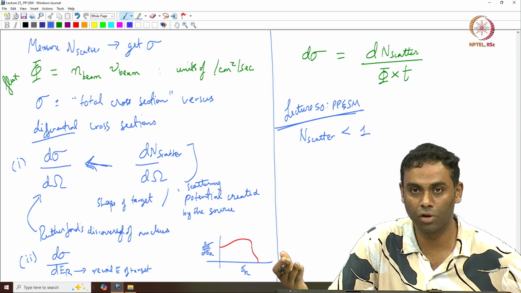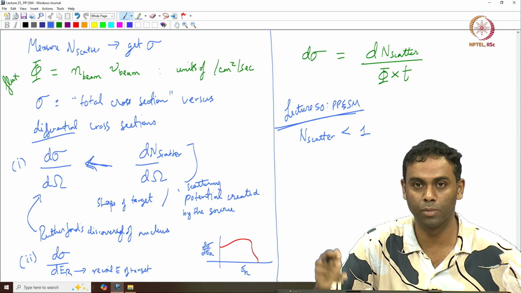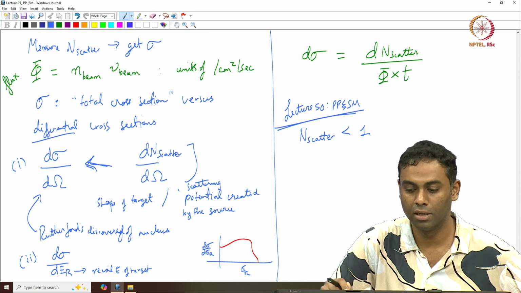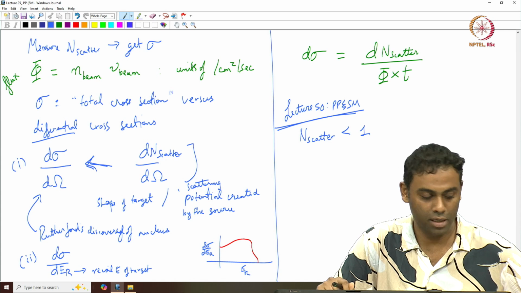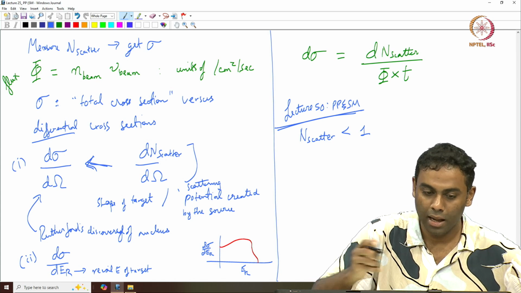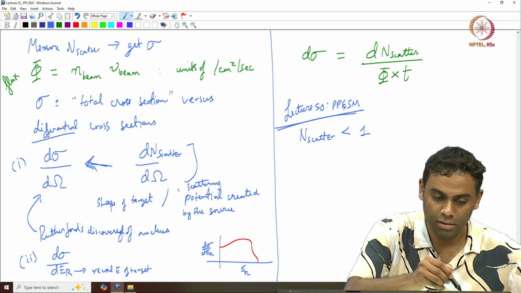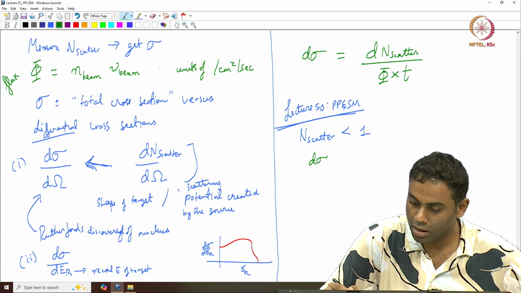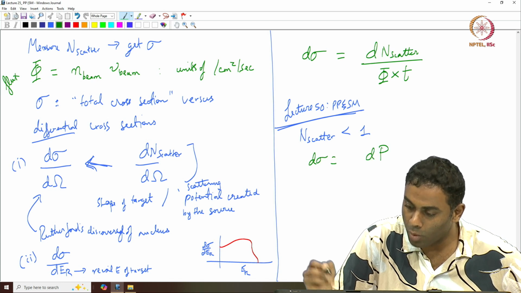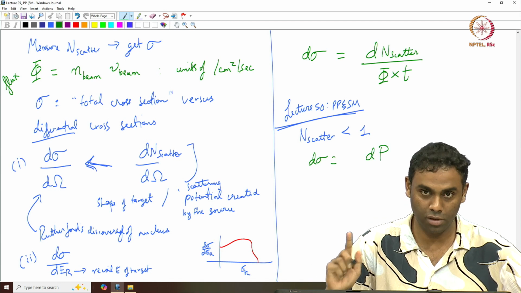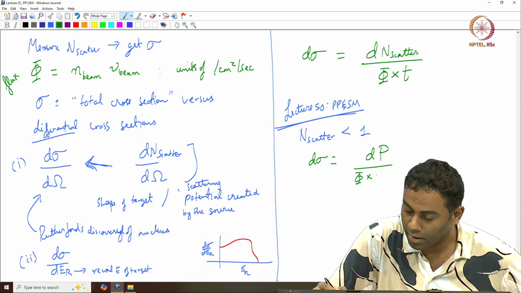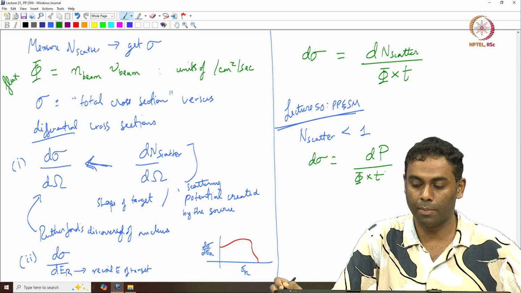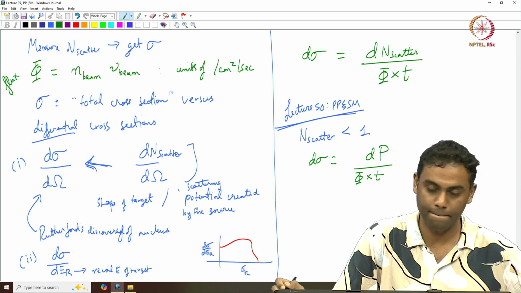If I do not wait too long, if I only shoot the bullet once, okay, on a rock, I am asking what is still the cross section. In other words, we are asking for the probability, not the number, right. The probability of scattering to happen divided by the flux times the time, okay.